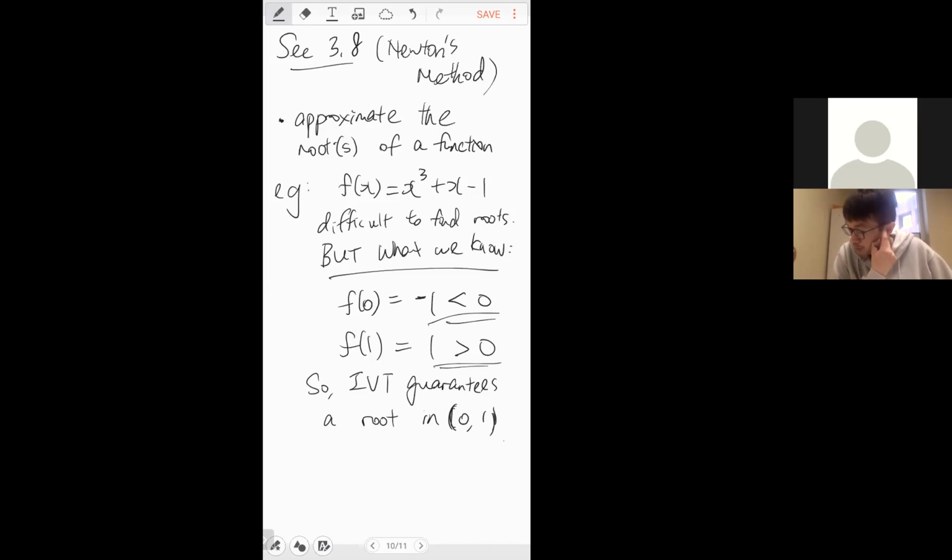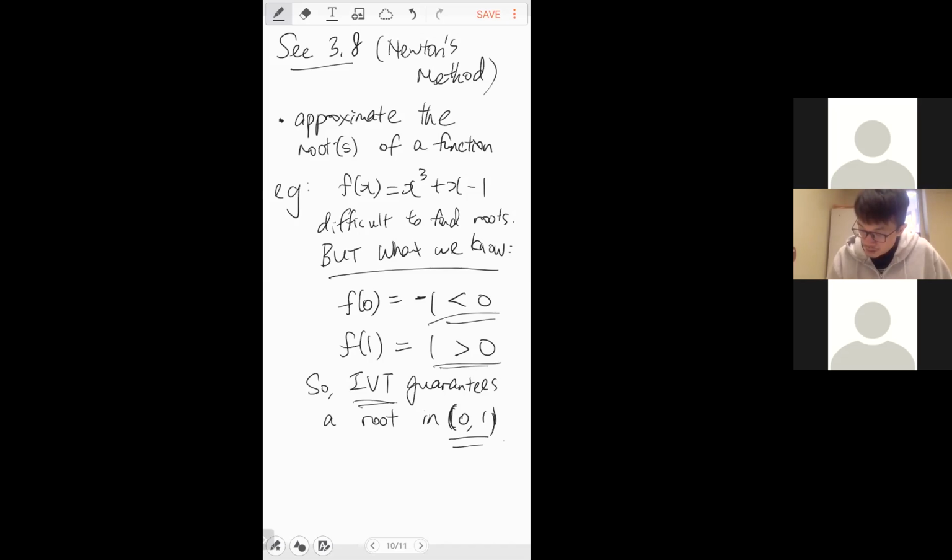If you go back to the intermediate value theorem, it says that there exists a root in between 0 and 1. So it guarantees a root between 0 and 1, but it doesn't tell you what the root is. That's what we are trying to do in this section. We're trying to approximate the root.